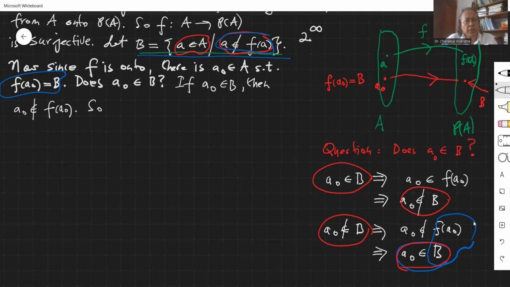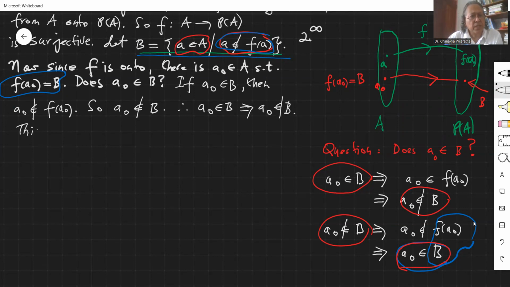So A naught does not belong to B, since f of A naught is B. So therefore, A naught belongs to B implies A naught doesn't belong to B. This is a contradiction.